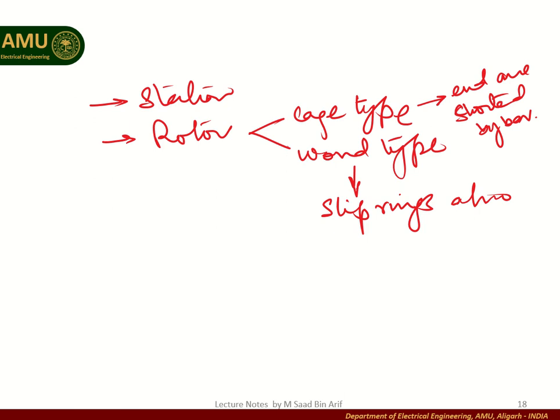So from the basic principle of operation, that is Faraday's law of electromagnetic induction and Lorentz force law, you have an idea that we require a magnetic field, and then we need to establish the condition of a current carrying conductor placed in a magnetic field. If both conditions are established, our rotor starts its rotation and the induction motor works. In order to establish the magnetic field, what we require is a stator.